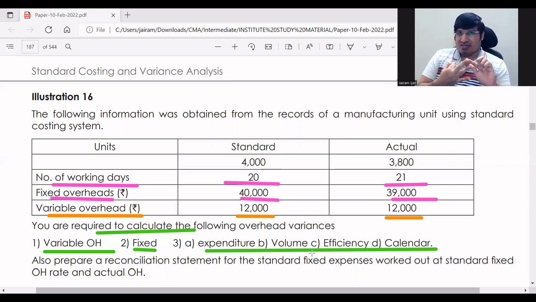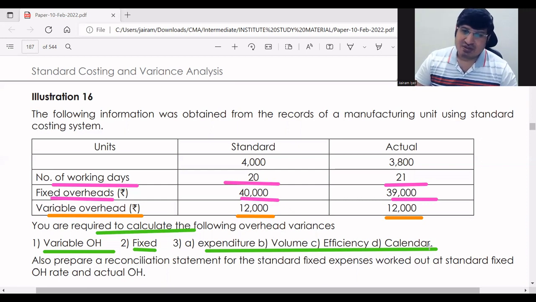That gives us three things. Then volume variance is again distributed into capacity, calendar, and efficiency variance. So in total 6 are there, right? Here they have asked us 5. That capacity variance is not there.